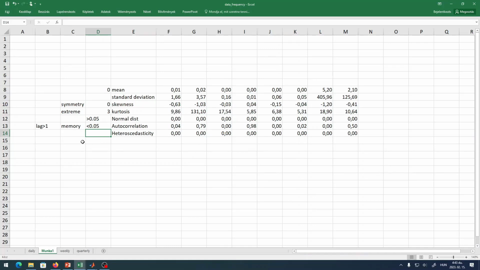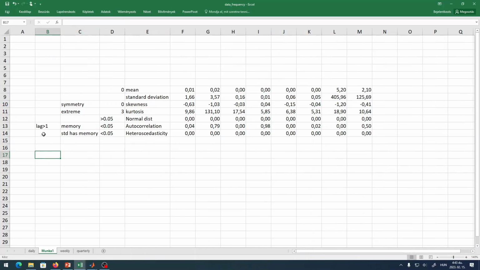And if heteroscedasticity is present, then it means that the STD has memory. So the consequence will be that some kind of GARCH model will be needed.